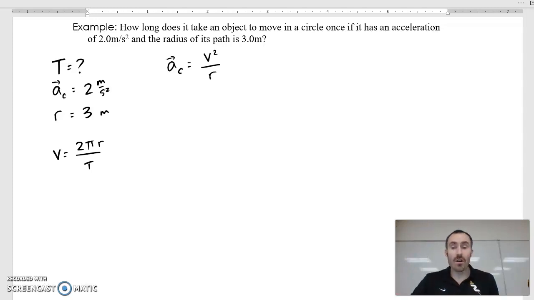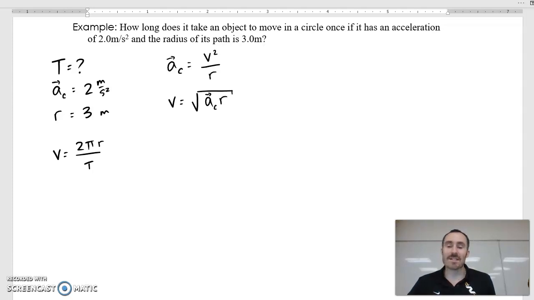You could also rearrange this formula to get v by itself and then substitute that expression into the speed formula. That works just as well. And in fact, that would allow you to do no rounding in the middle. But for the sake of simplicity, we're going to walk through it this way. So v is equal to the square root of a sub c r.